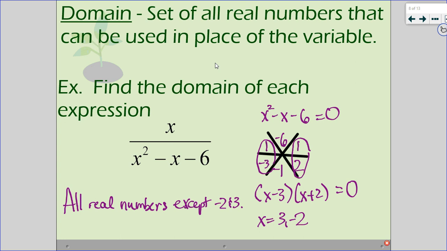All real numbers, because you can plug in any number you want except -2 and 3. So the domain has you state what it can be. It can be anything except for -2 and 3. Now, if you do not want to write all that out, there is a symbol for all real numbers. So you could do this, or you could write the symbol for real numbers.